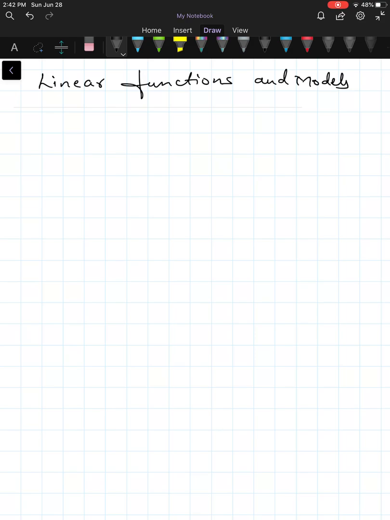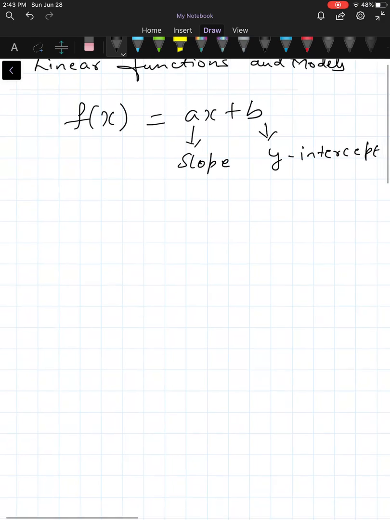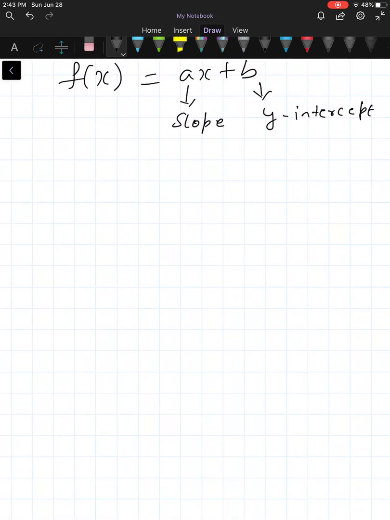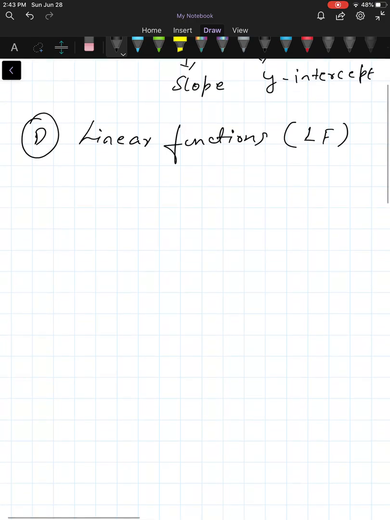Then I defined linear functions to be f of x of the form f of x is equal to ax plus b, where a represents slope and b represents y-intercept. To put things mathematically in words, we can define linear functions. I shall abbreviate linear functions as LF. That is not a standard abbreviation, that is just my abbreviation to avoid more writing.